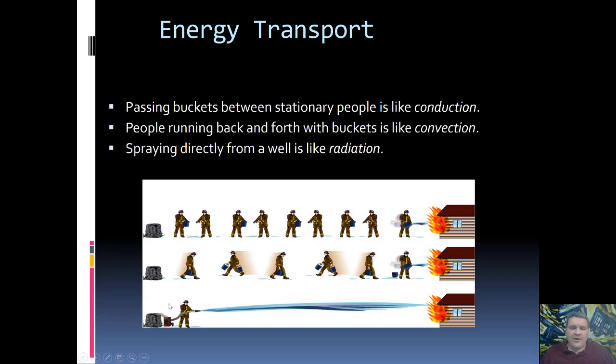In the last scenario, we have a firefighter with a fire hose. This is similar to radiation. With radiation, the energy travels through free space, no matter necessary. Just like water spraying out of a fire hose goes from the hose outward, no firefighter is carrying that water. So this is similar to radiation.